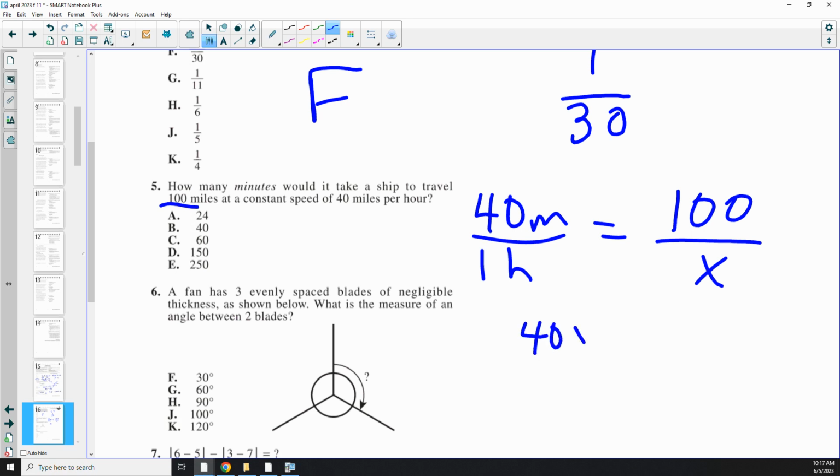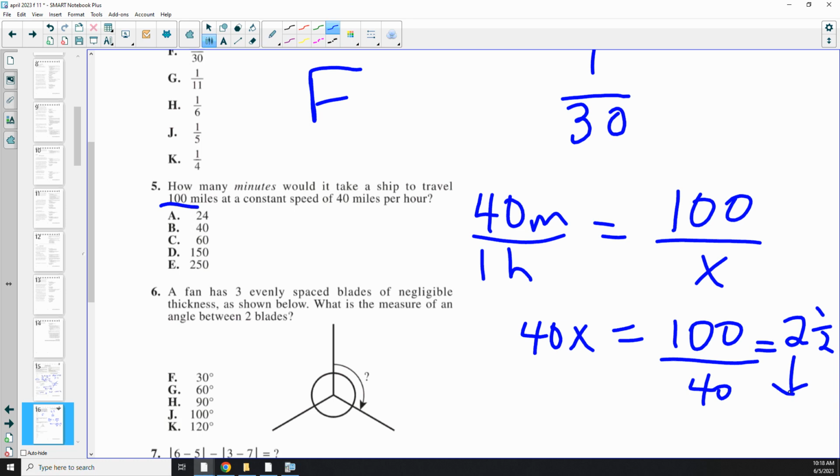So cross multiply, 40x is 100, divide by 40, and you get 2 1/2 hours. Well, 2 hours is 120 minutes, plus 30 should give you 150 minutes.